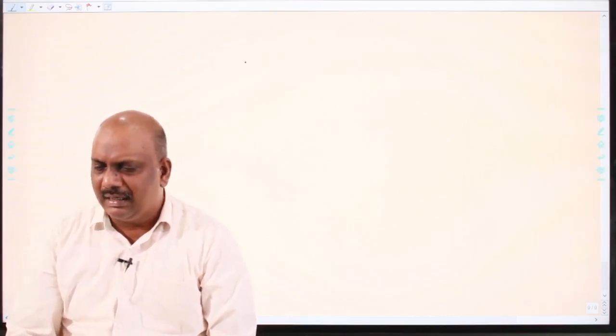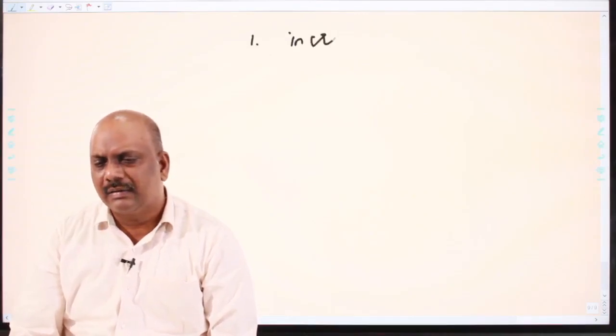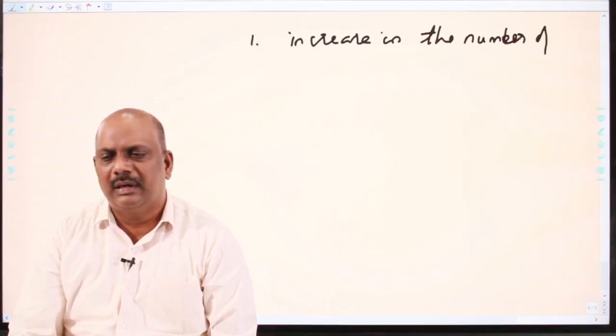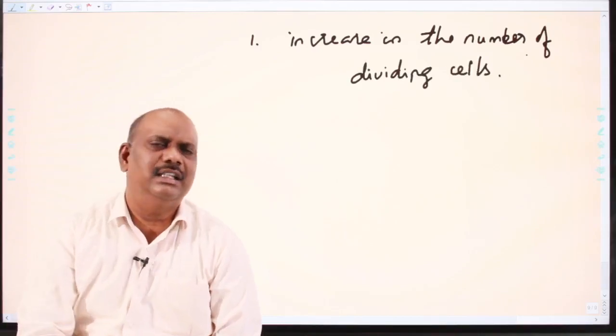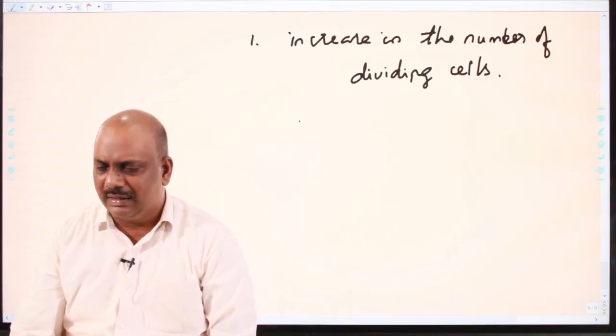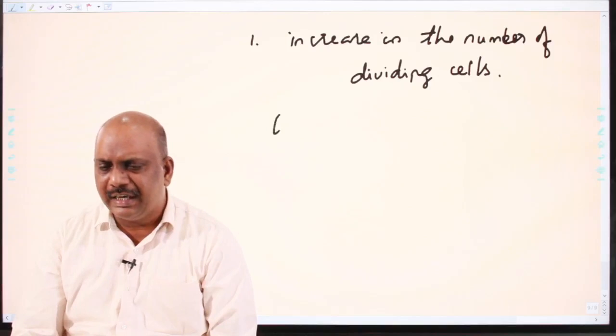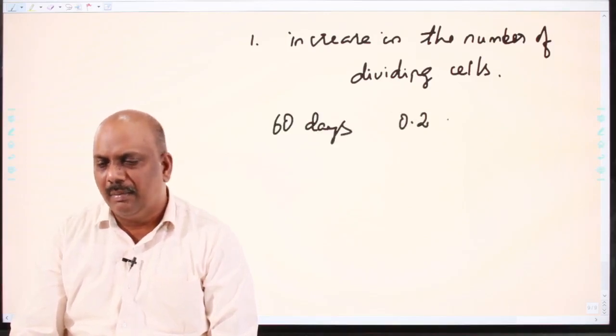So during the prenatal stage, there will be an increase in the number of dividing cells. There will be an increase in the number of cells simply. At 60 days, there will be around 0.2 multiplied by 10 to the power of 12 cells.